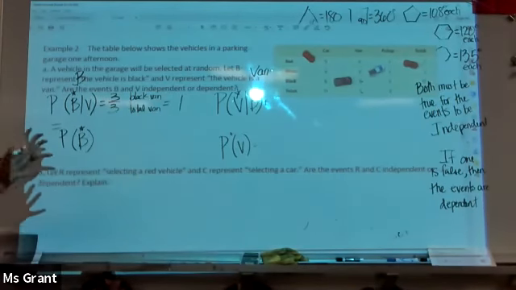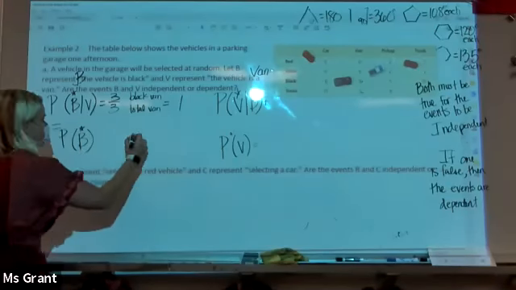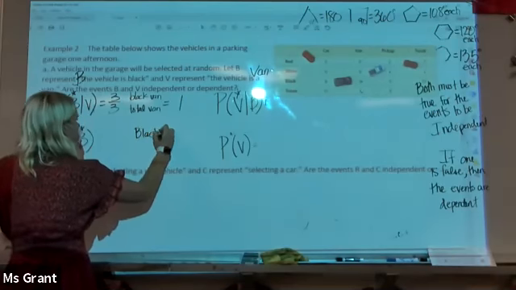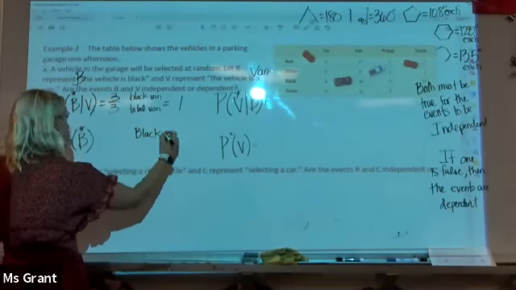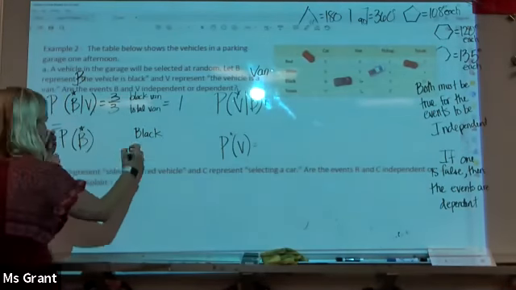Followed by just the probability of black. Just the probability of black total. Black, and then I'm going to do total cars.